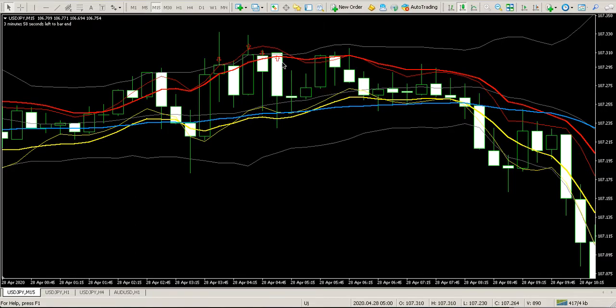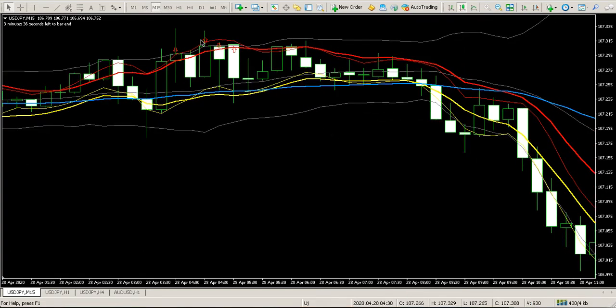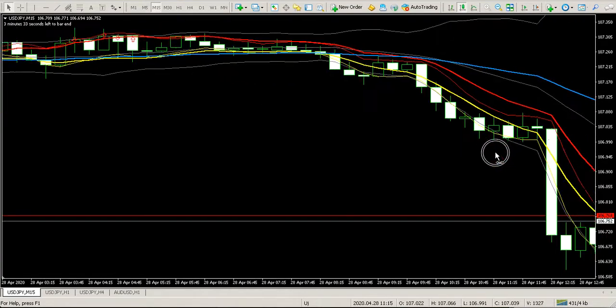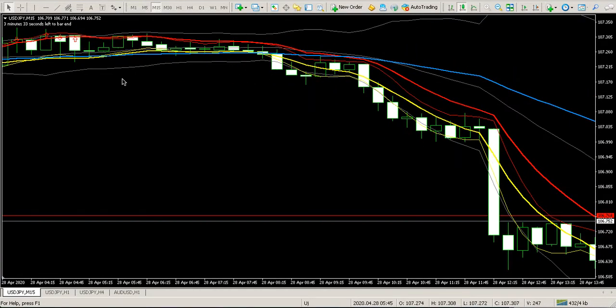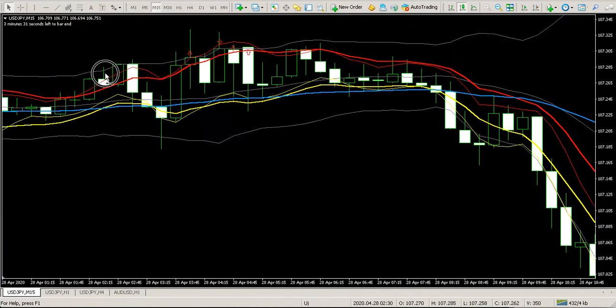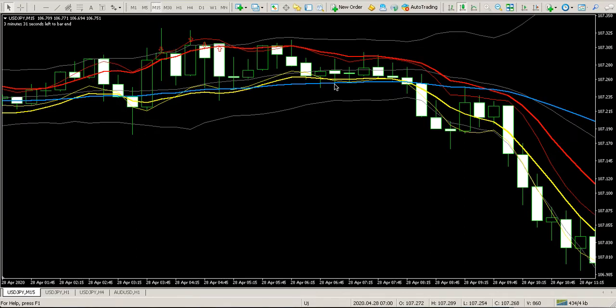So take note that the retest candlestick will touch either the minimum at the MA low and maximum at the mid BB. Okay, so this is the extreme sell sets. If you see here, after the extreme happens, the market goes down. All right, this is extreme sell, and the extreme is valid, and the market goes down.